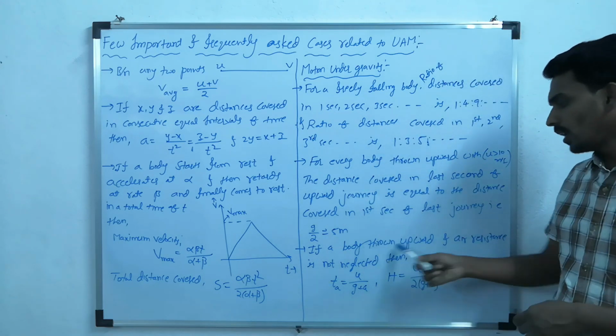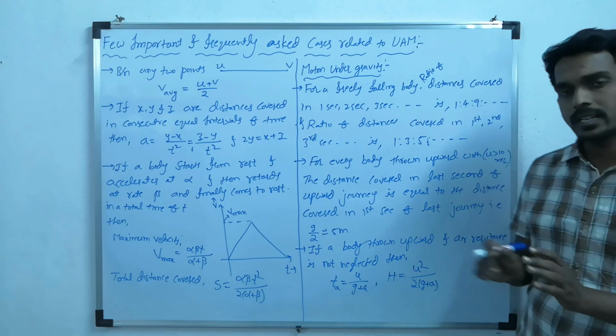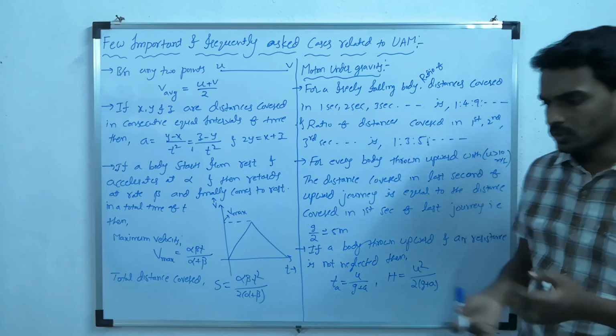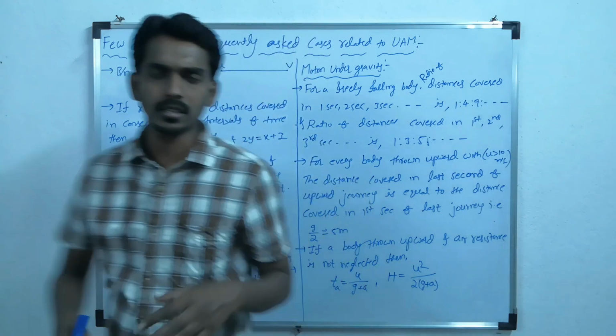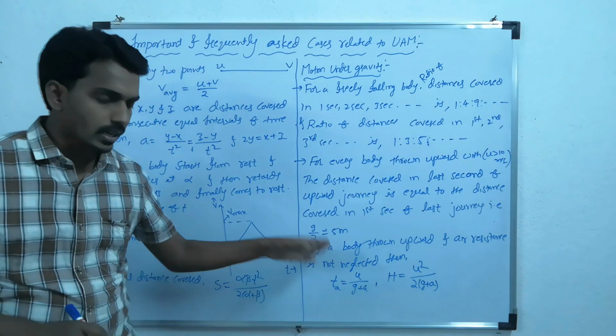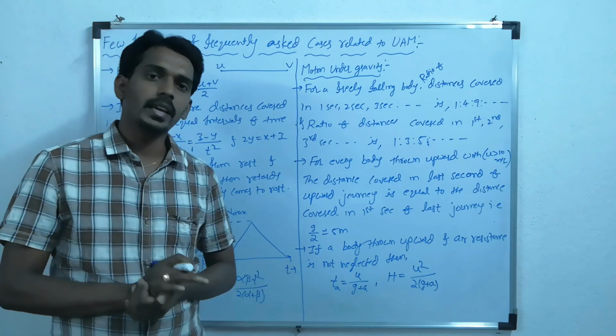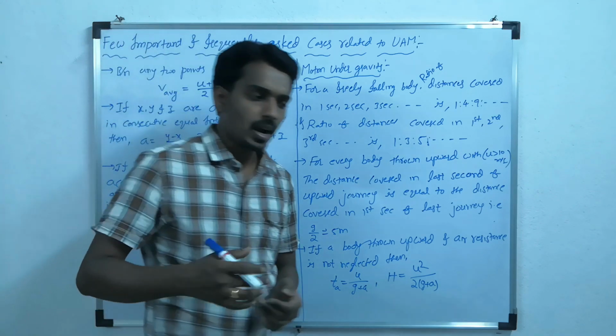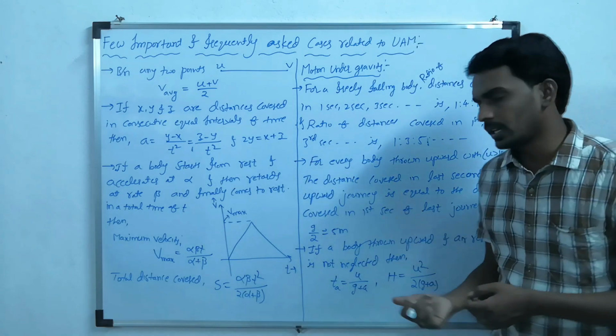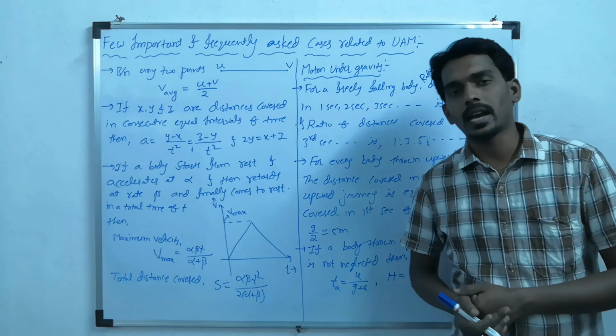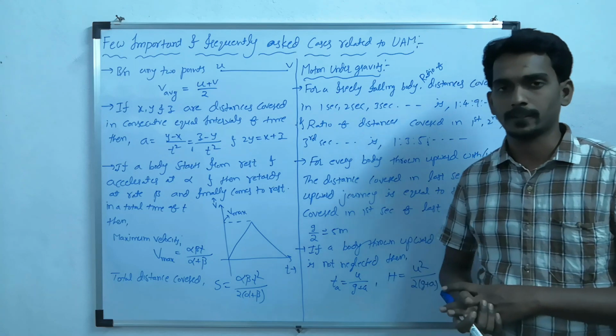Then if a body is thrown upward and air resistance is neglected, usually we consider that air resistance is neglected. But if you consider air resistance, then apart from acceleration due to gravity, you will also get some constant acceleration due to air resistance.